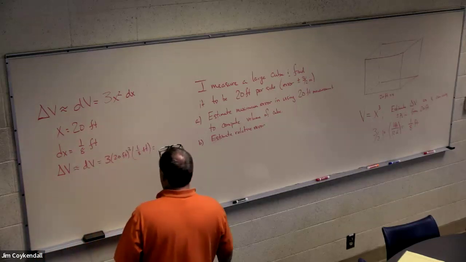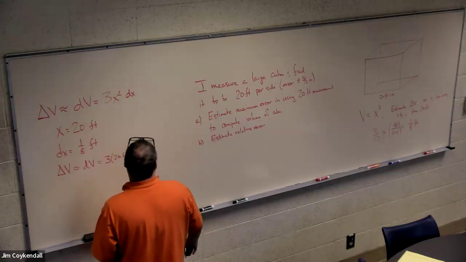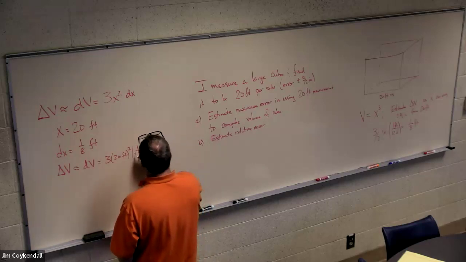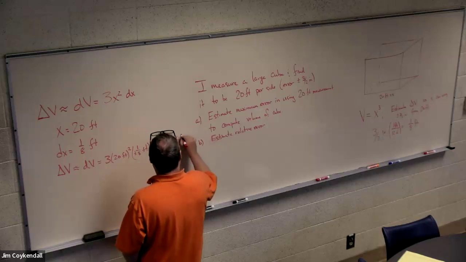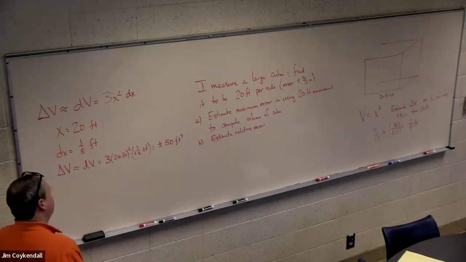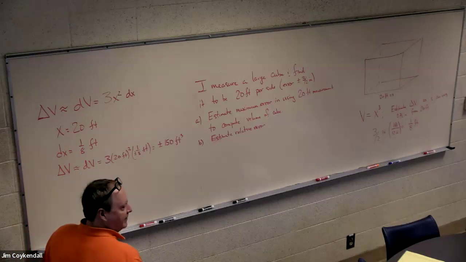So that's going to be what? 1,200 over 8. So that's going to be about 150, I guess plus or minus. So it looks like I could miss this by up to 150 cubic feet, plus or minus. That's my answer.